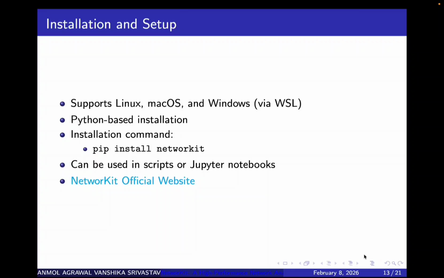It can be used in Python scripts, Jupyter Notebook, and cloud-based applications like Google Colab. I have included the website of Networkit, which shows how to install and use it in any operating system.